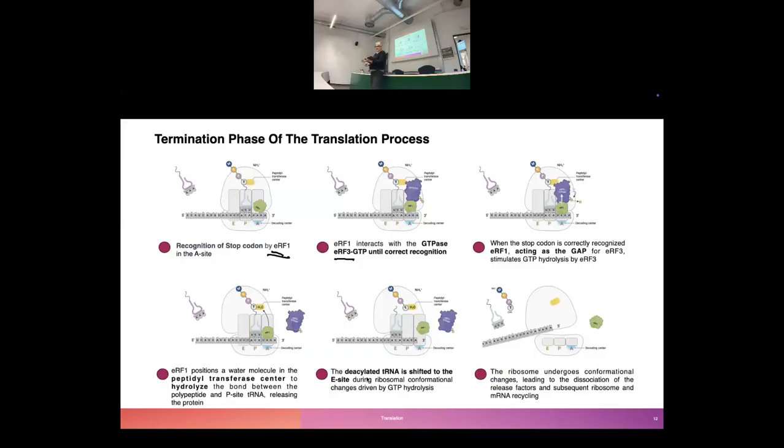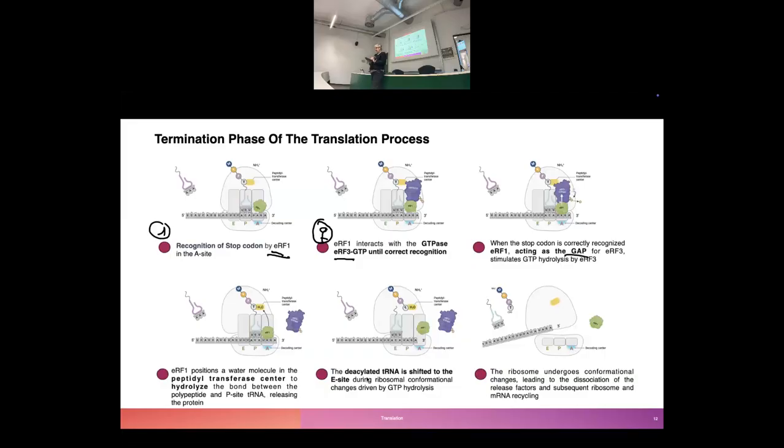Okay? So here, I've lost meanwhile the numbers in the conversion between PowerPoint and Keynote. Okay, this was number one. This one is number two. So at first there was a recognition, the interaction of RF3 with RF1.